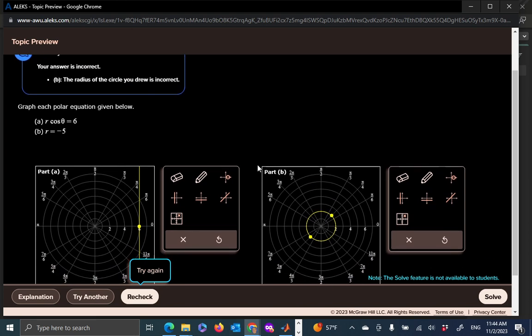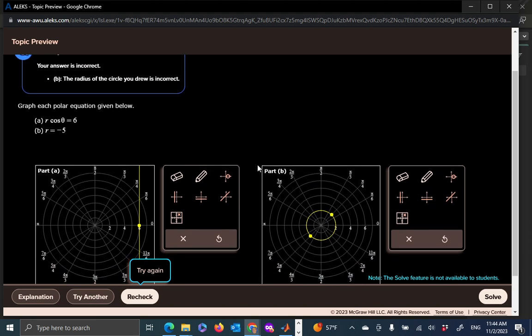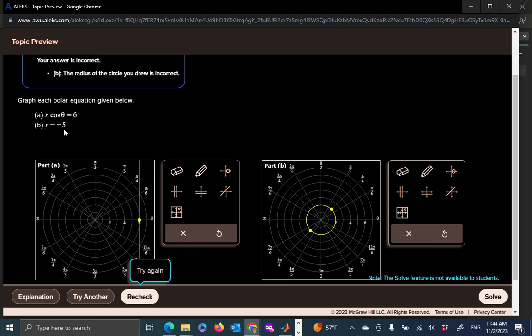It says the radius of the circle you drew is, oh, I misread this. This is -5. I drew -2. I don't know why I made that mistake. Let's see. So let's erase that. Pick this, and it wants radius 5.